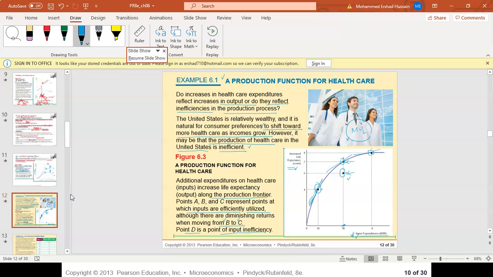At D it is lower than that. Not 7, the increase in life expectancy is 6. So here you spend the same amount of money, right, but get only 6 additional years of life expectancy instead of 7. So in this graph, any point below, right inside, which falls below this frontier, right, is inefficient.